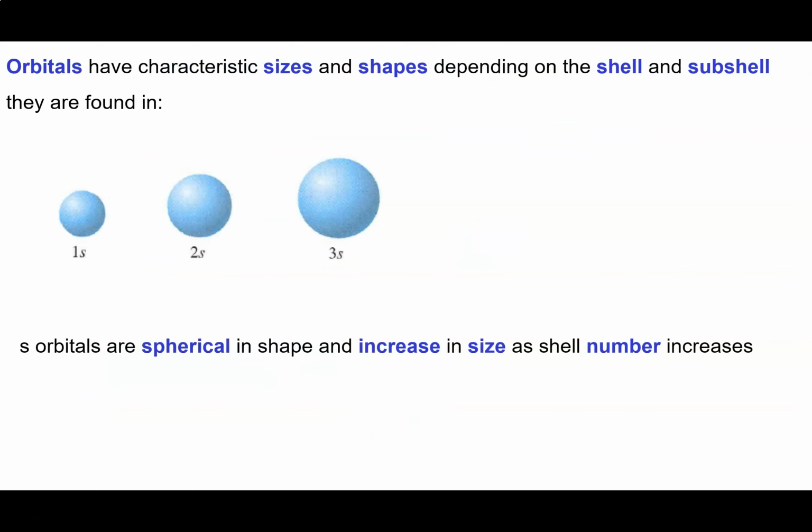So orbitals have characteristic sizes and shapes. The size of the subshell is determined by the n value. As n gets bigger, the orbital gets bigger, okay?